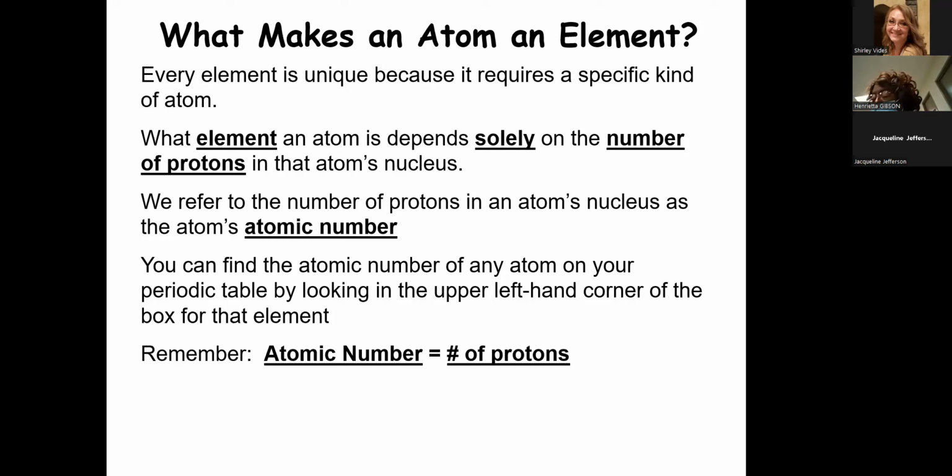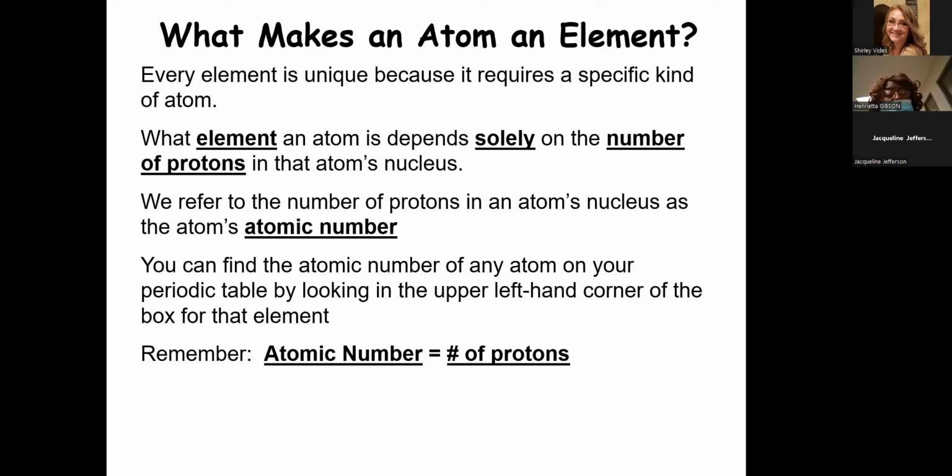So if I asked you how many protons aluminum has, you would look for aluminum, which is Al, and that atomic number above is the number of protons. The answer would be 13.